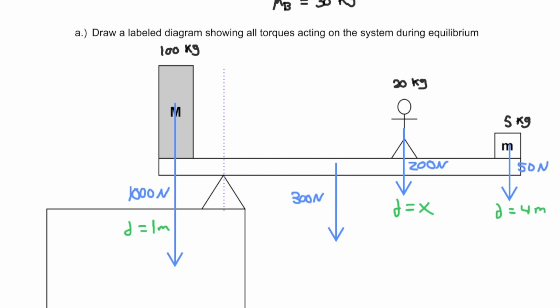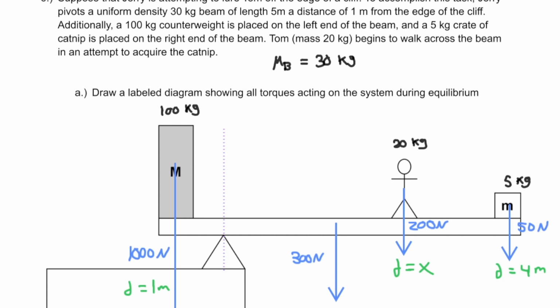Not 5, because the whole beam is 5, so he's just the remainder of the way over. Then for the center of mass, we know that the center of mass is going to be 2.5 meters away from the left end of the beam. So that must mean that this distance right here is just going to be 1.5 meters. Because 1 plus 1.5 equals 2.5.